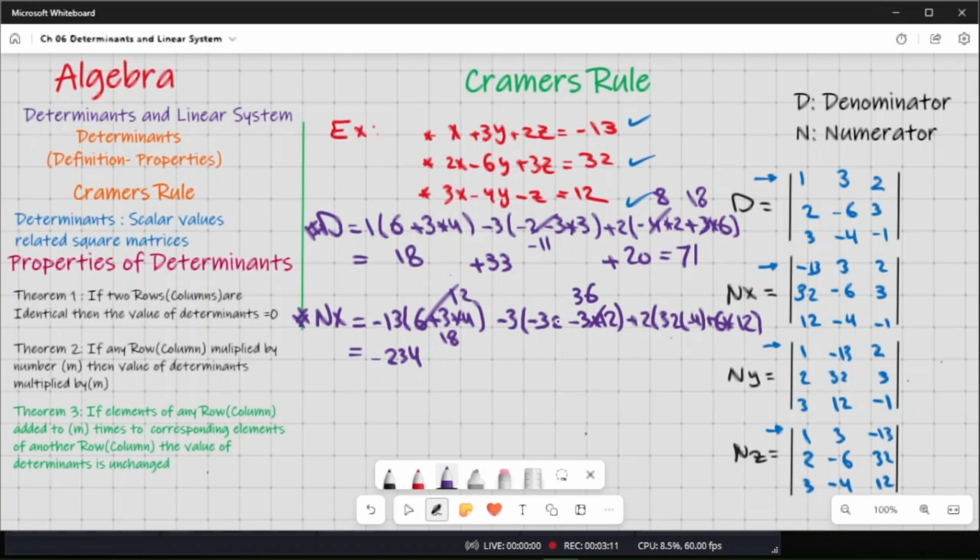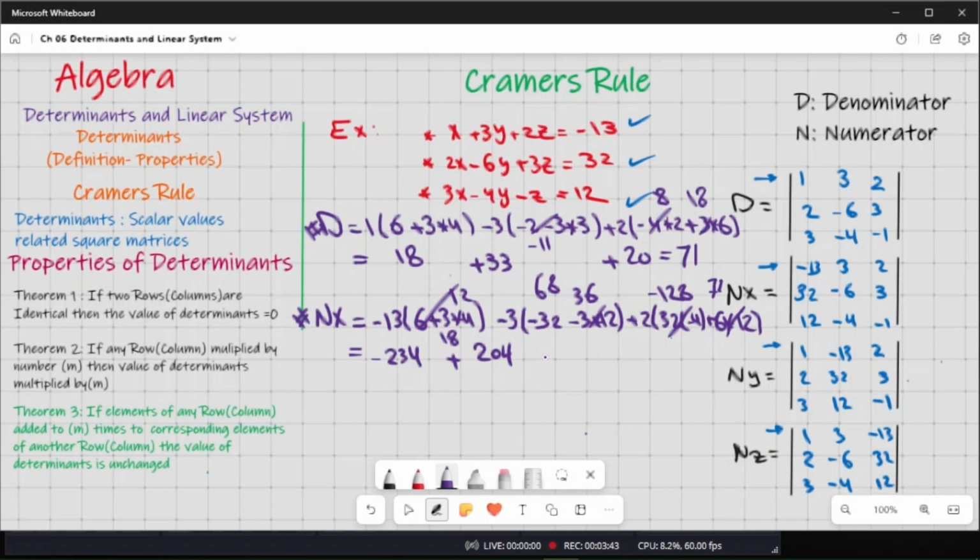So we have here 68, plus 204, negative 128 and 72.